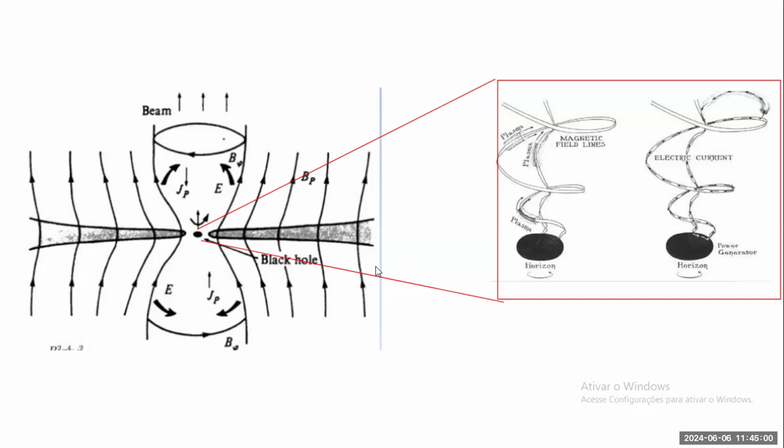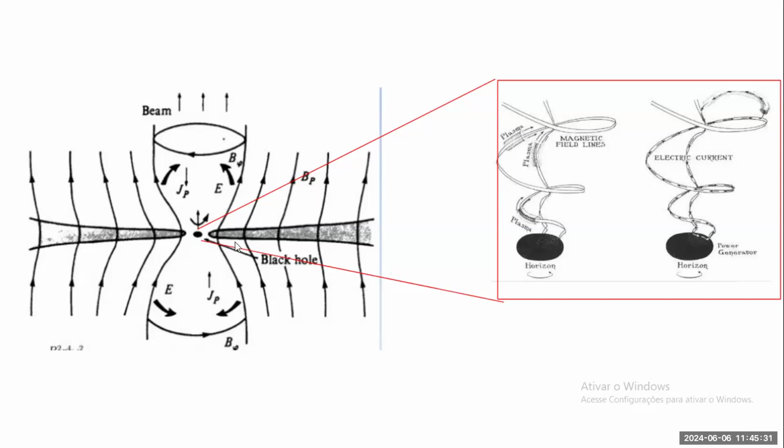And here we can see a cartoon of what is happening with the magnetic field lines carried by accretion, right? So it's very interesting because we have these poloidal magnetic field line components coming from the outer accretion disk regions.